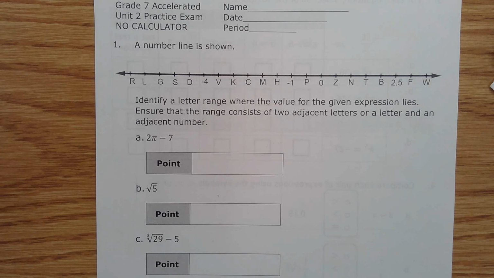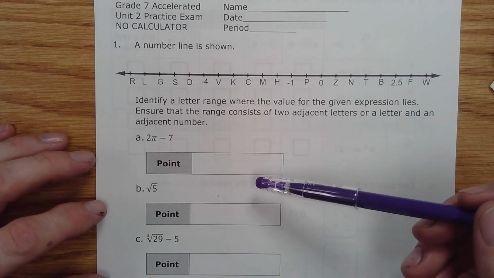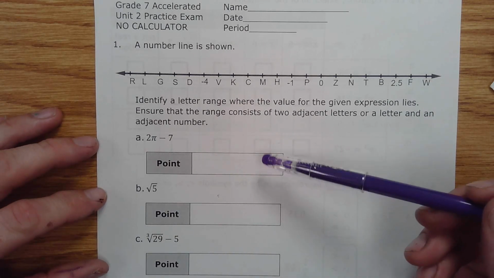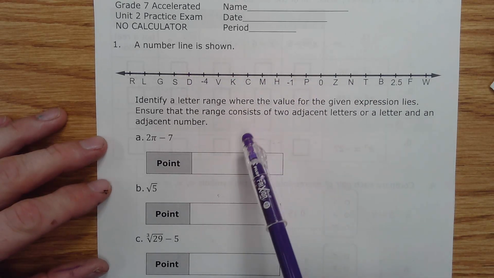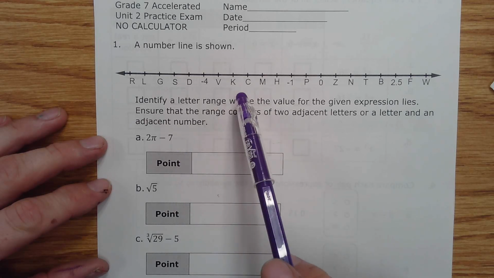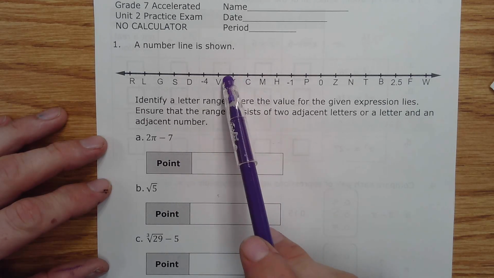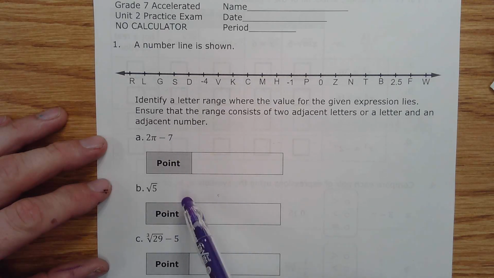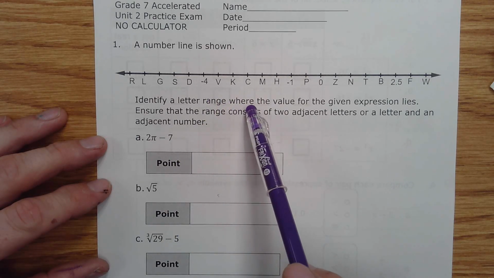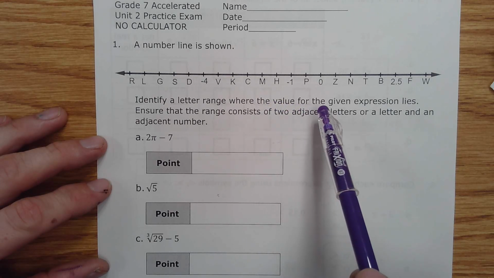Here are some irrational numbers, and you are to plot on this line the closest point, or identify the range where this number would lie. Identify the letter range where the value for the given expression lies.